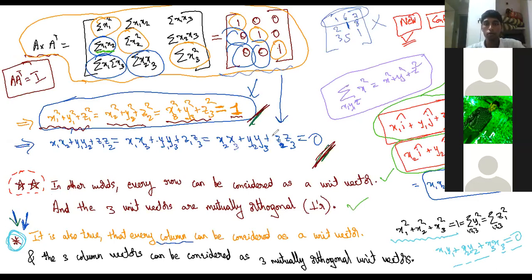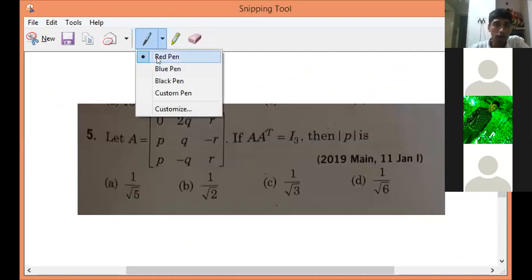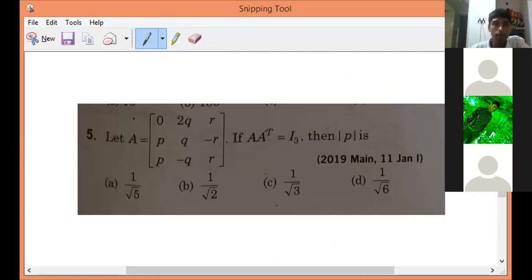So if you want only to find P, then p square plus p square is equal to 1, so p is equal to 1 by root 2. Now if you want to find only the magnitude of P, would you go along the row or the column? Sir, column, because this is also a unit vector.